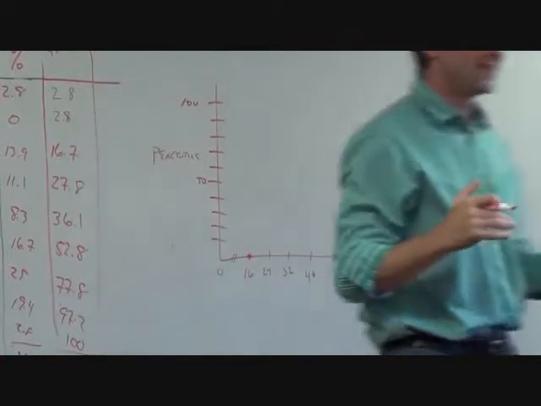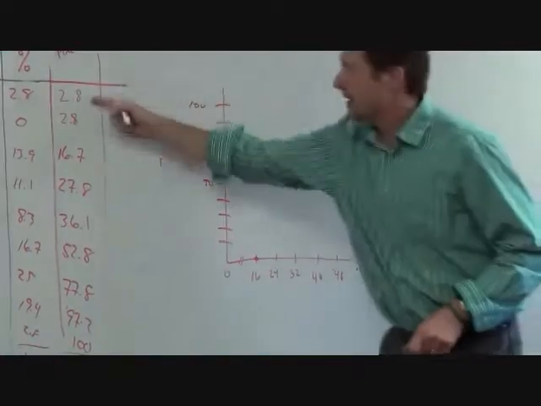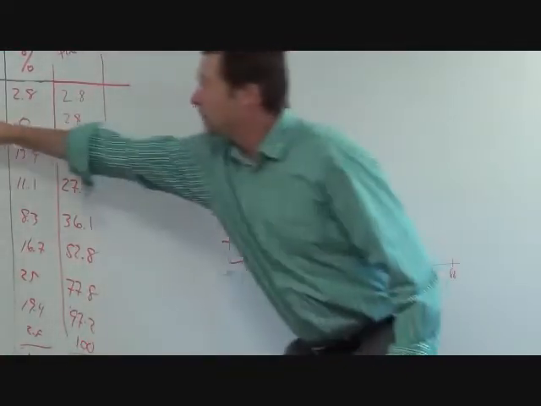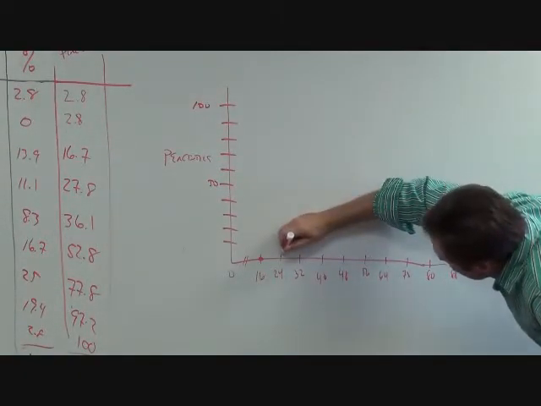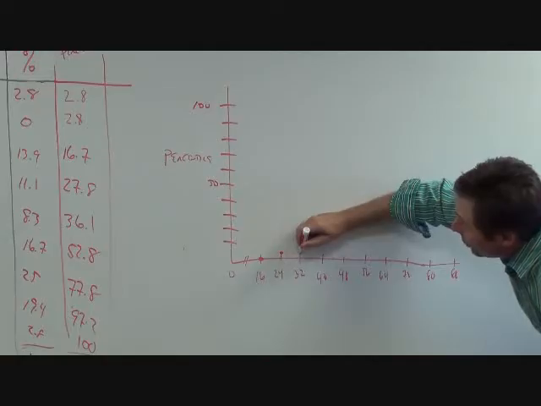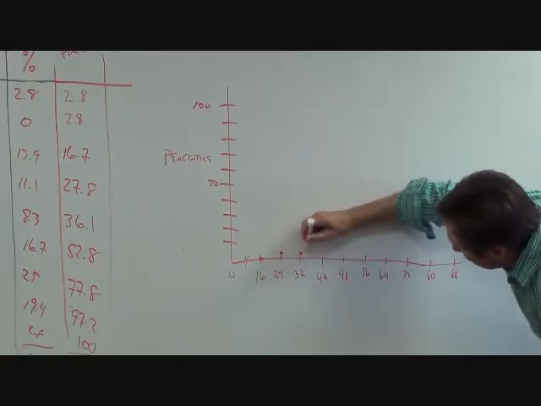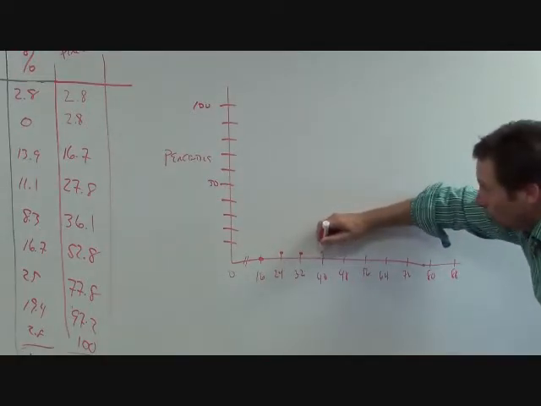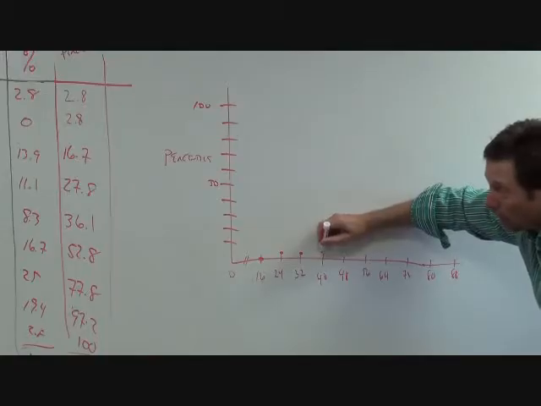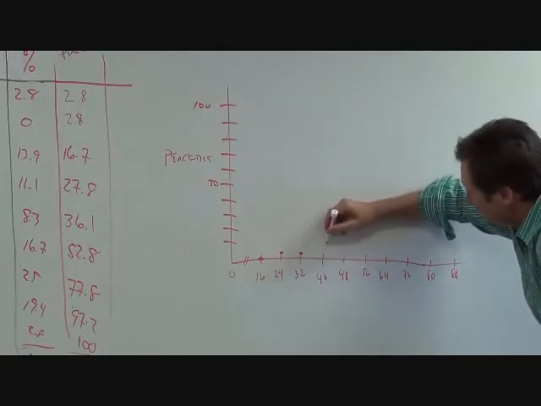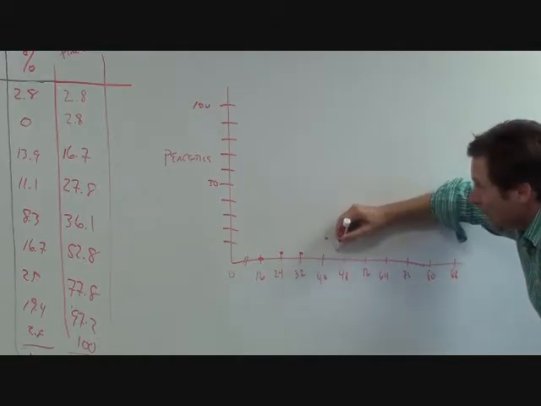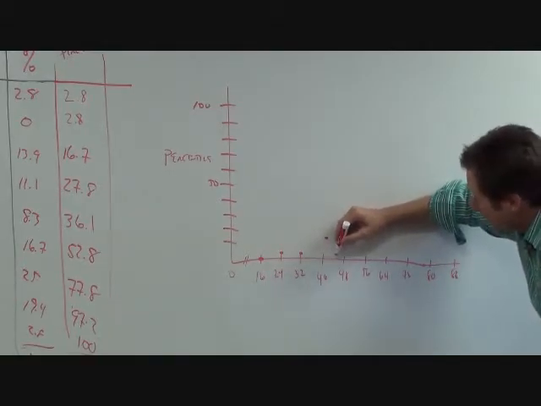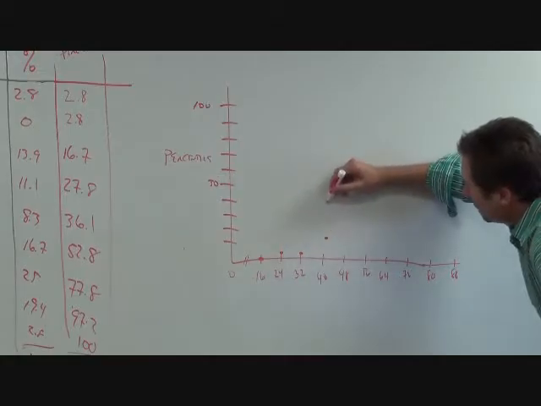And then we're just going to put dots at these percentiles that we found. So over at 24, it's 2.8. At 32, it's also 2.8. Then at 40, the percent of the scores that are below 40 is 16.7. Lower than 48 is 27.8.